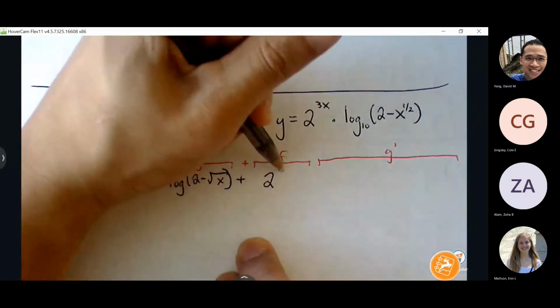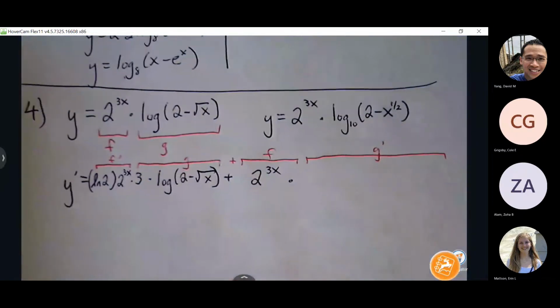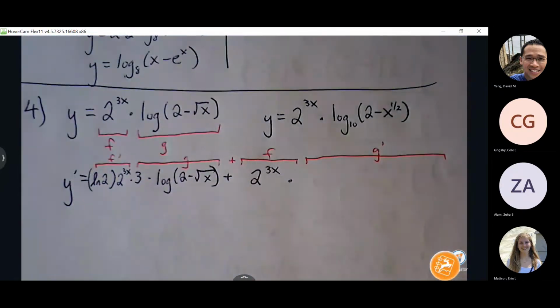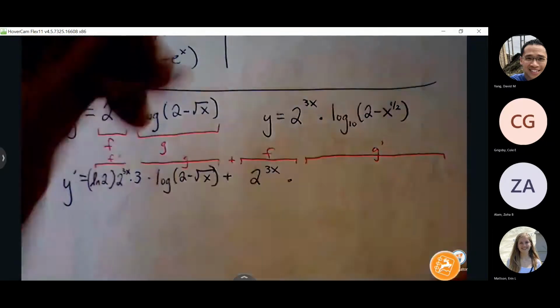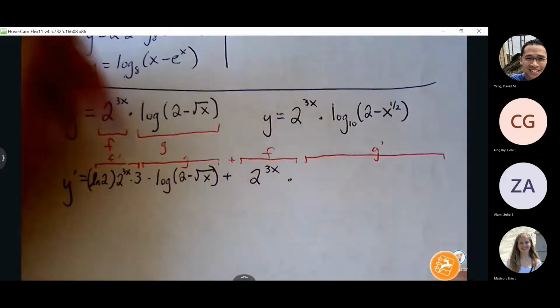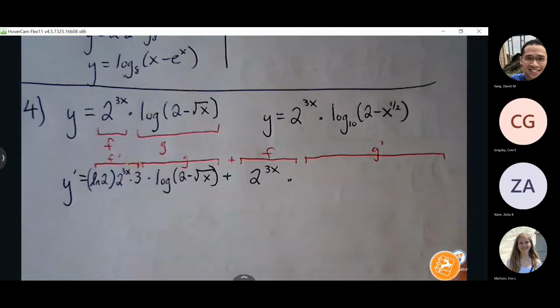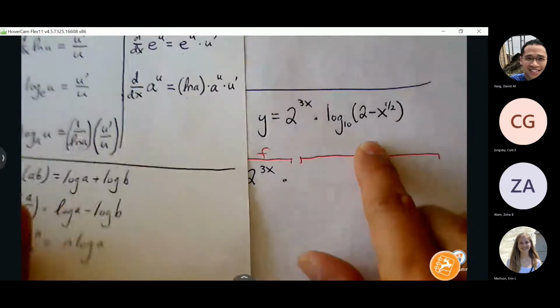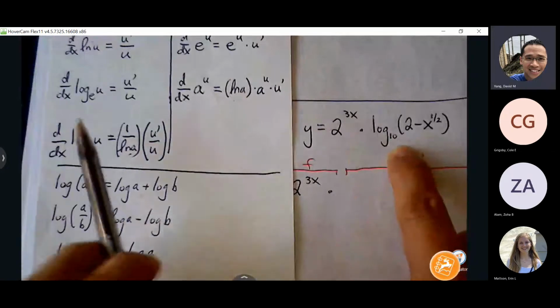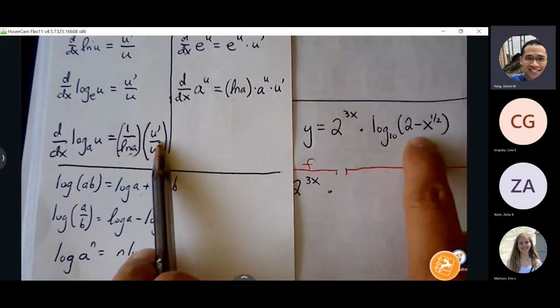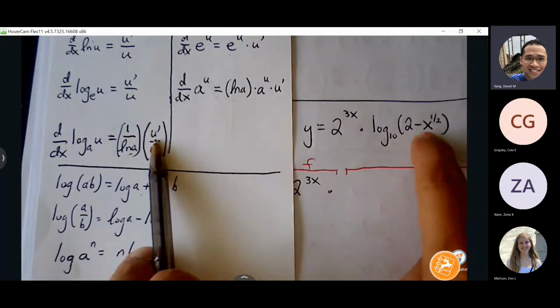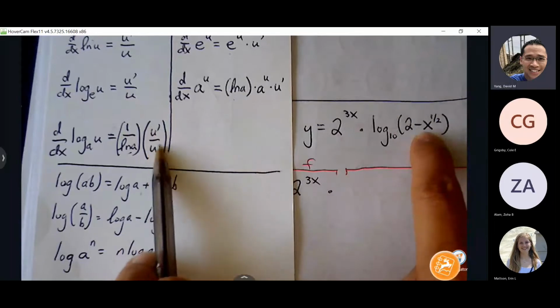Back to my f function. Okay, so g prime. The log base 10's derivative is 1 over natural log of 10, because 10 is my a value, times u prime over u. So I need to find the derivative of this parentheses, put it up here, and put the entire parentheses down here for this u value.